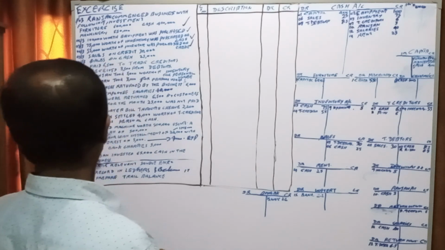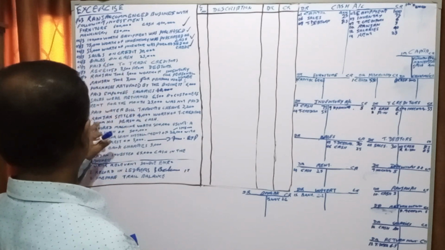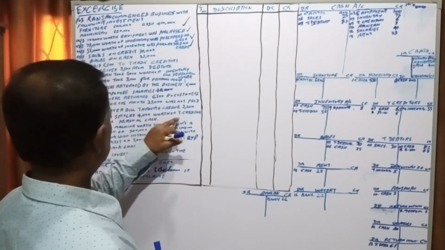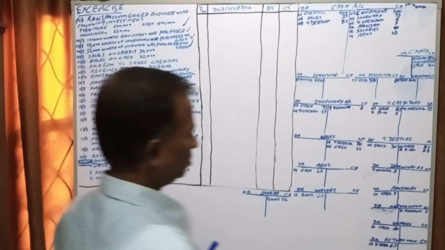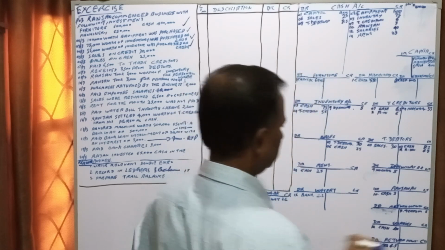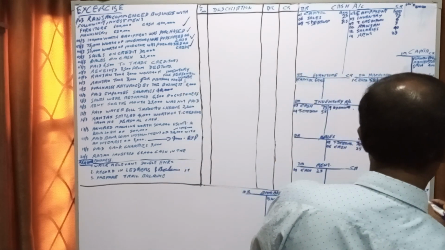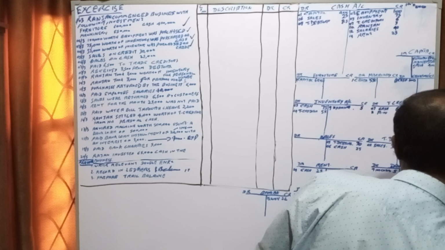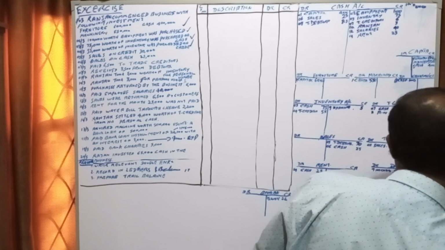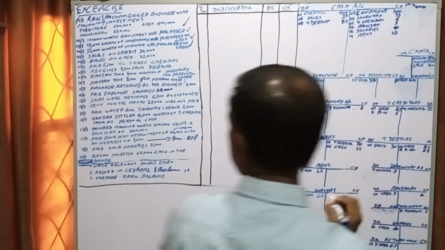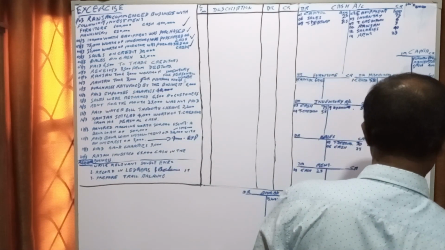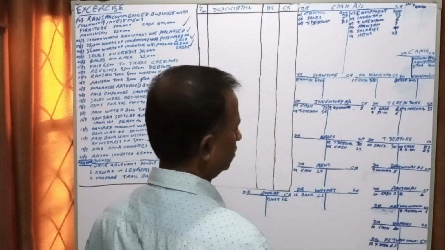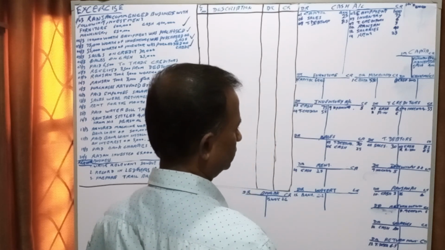Okay, so settled 4,000 worth of trade creditors from his personal cash. So in his drawings account, we have to pay him 4,000, right? This is on 16th. We have to pay him off on 16th.